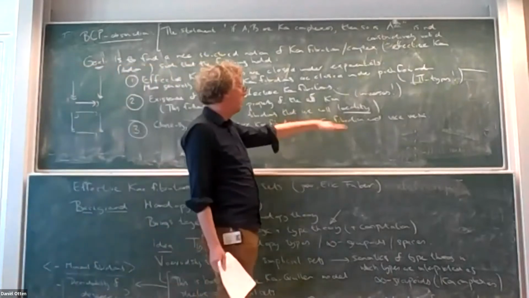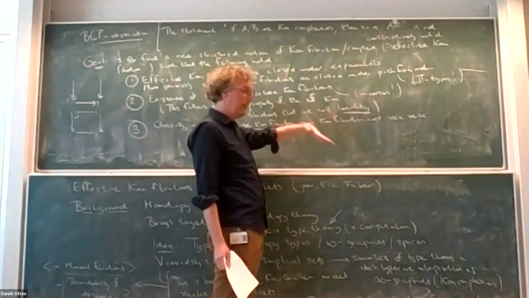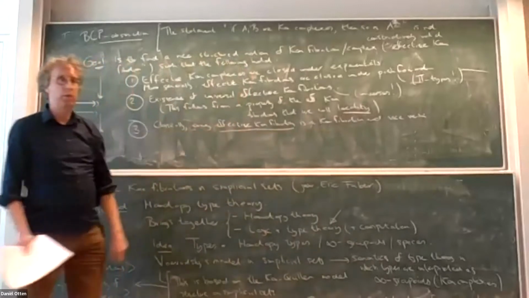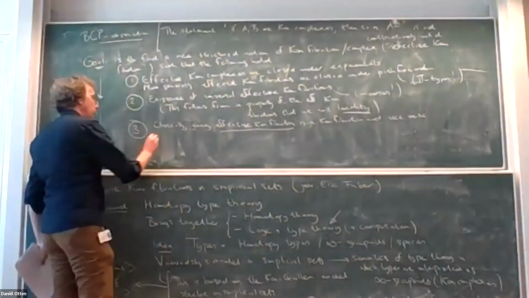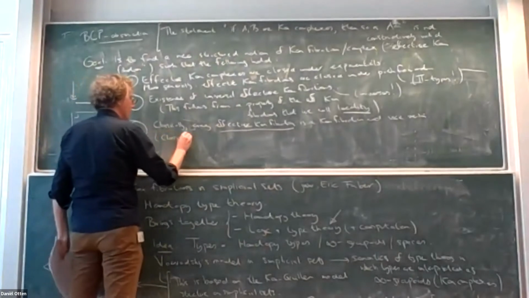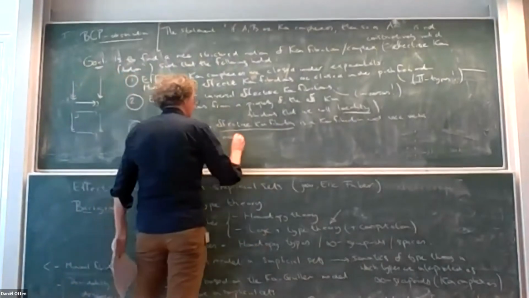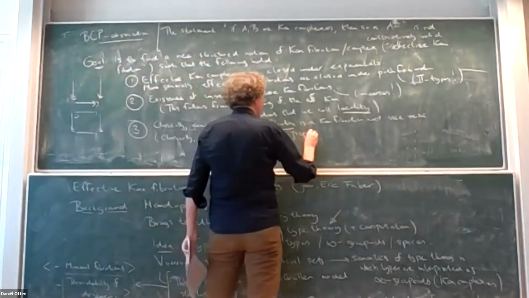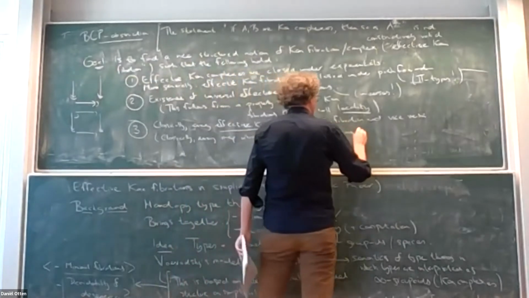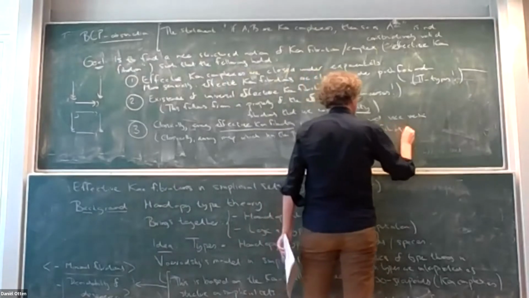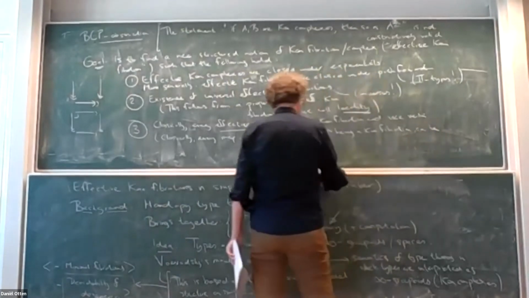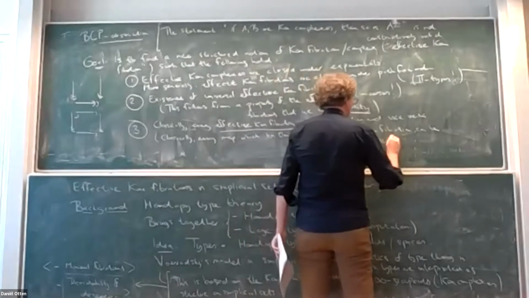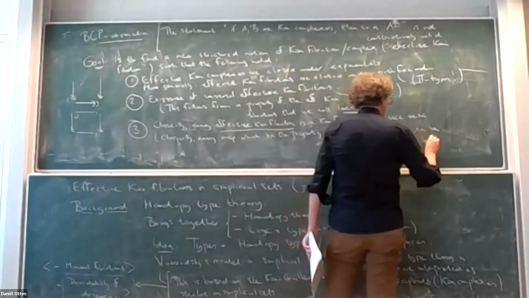What I want is that in a classical meta theory, every map which has the property of being a configuration can be equipped with the structure of an effective configuration.